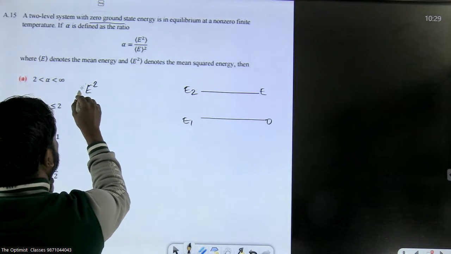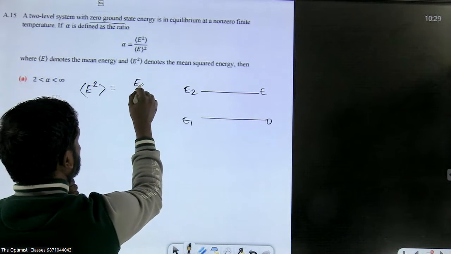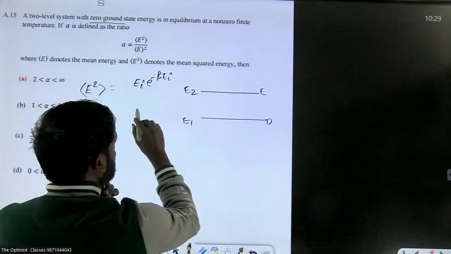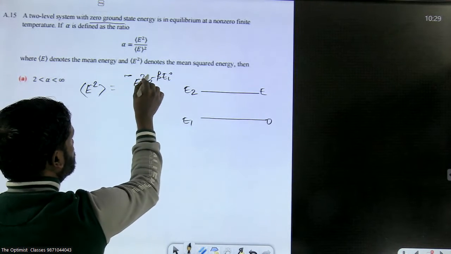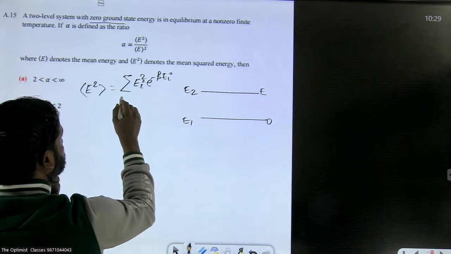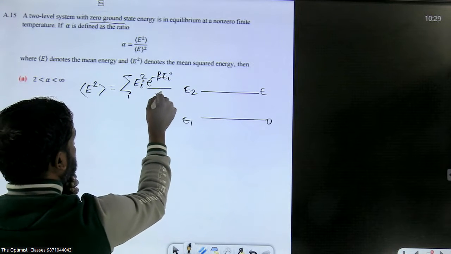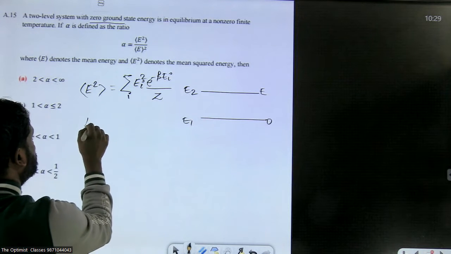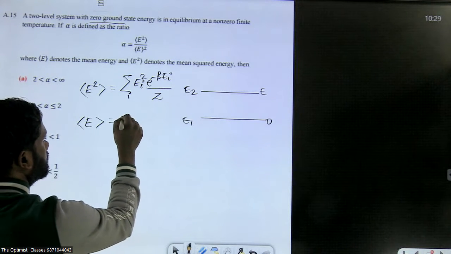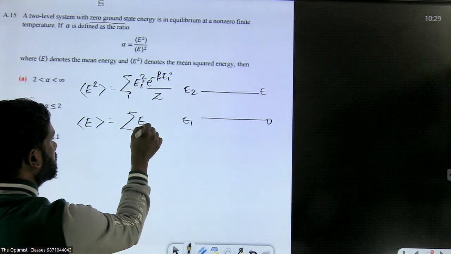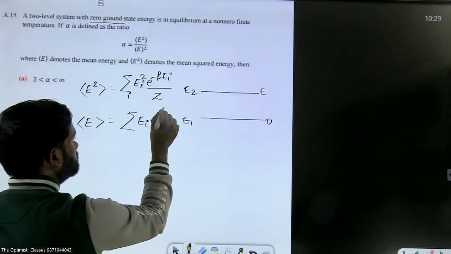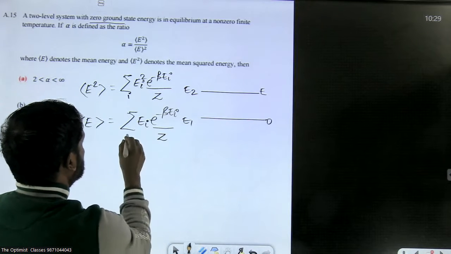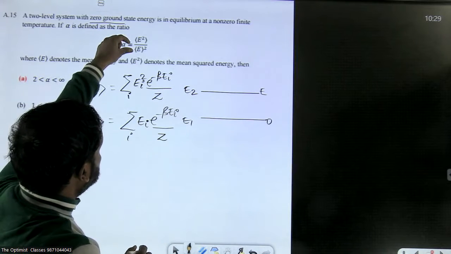So the E square expectation value, if you calculate, you will write like this: summation over I of E I square e to the power minus beta E I, degeneracy is 1 actually, and divided by Z, the partition function. Similarly, if you calculate E average, you get summation over I of E I e to the power minus beta E I divided by Z. Here we have to calculate E square average by E average square.